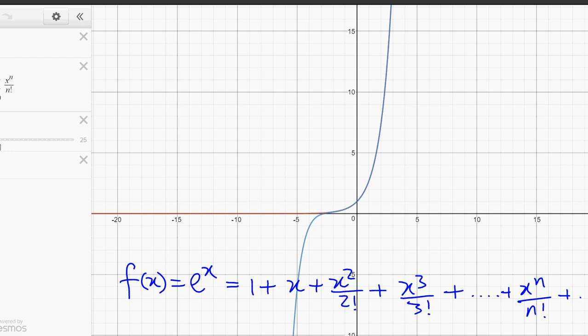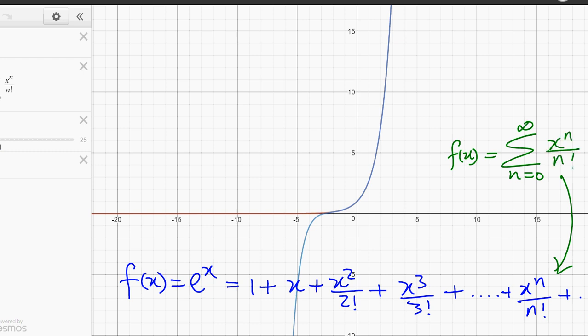This series here is given by the sum, and we already discussed this. So this is f of x, the sum from n equals 0 to infinity of x to the power n over n factorial.